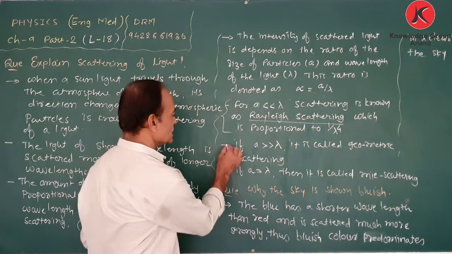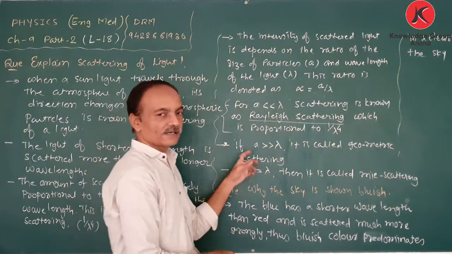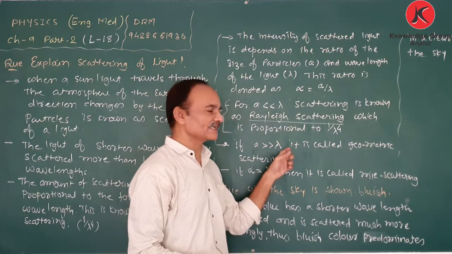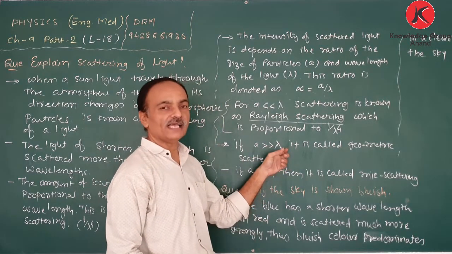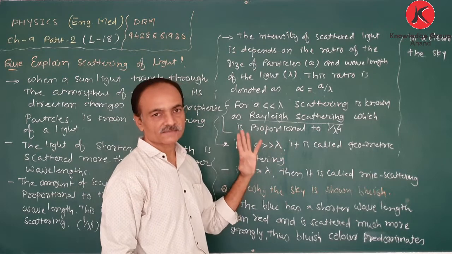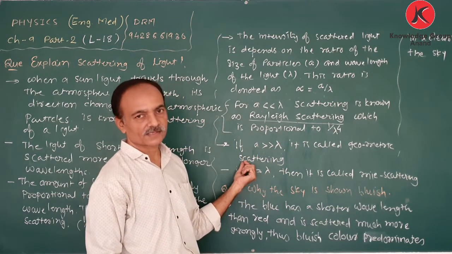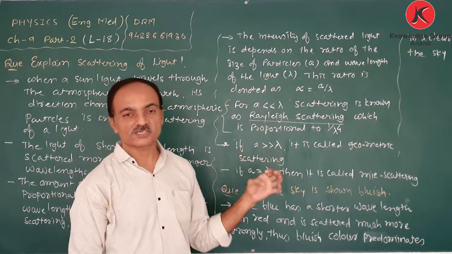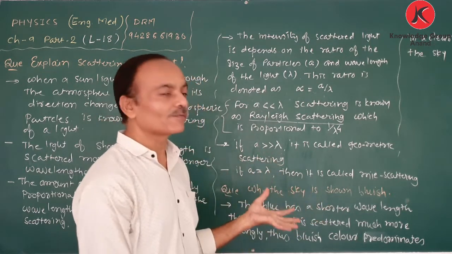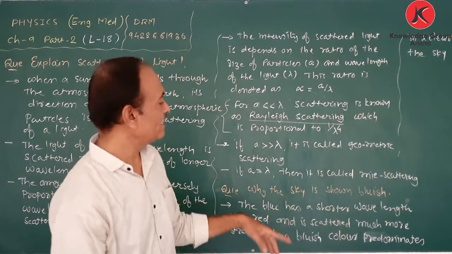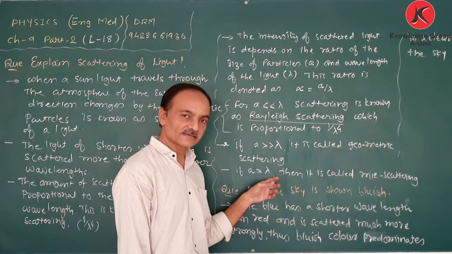Now, the second case is if the size of a scattering particle is much greater than the wavelength of incident light, that is known as geometric scattering. Sometimes in the atmosphere, dust particles and water particles have a size much more than the wavelength of incident light.